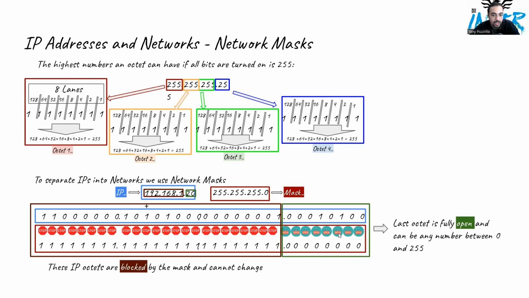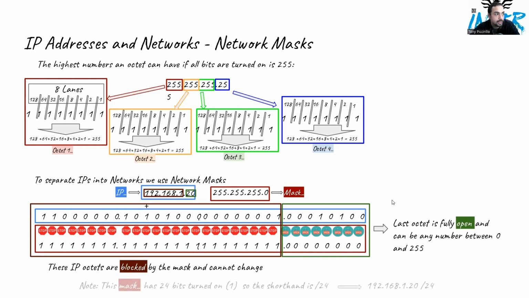So these are all allowed to change. Meaning this portion of the IP is the host portion of the IP address, right? So in this case, the last octet is fully open and can be any number between 0 and 255.